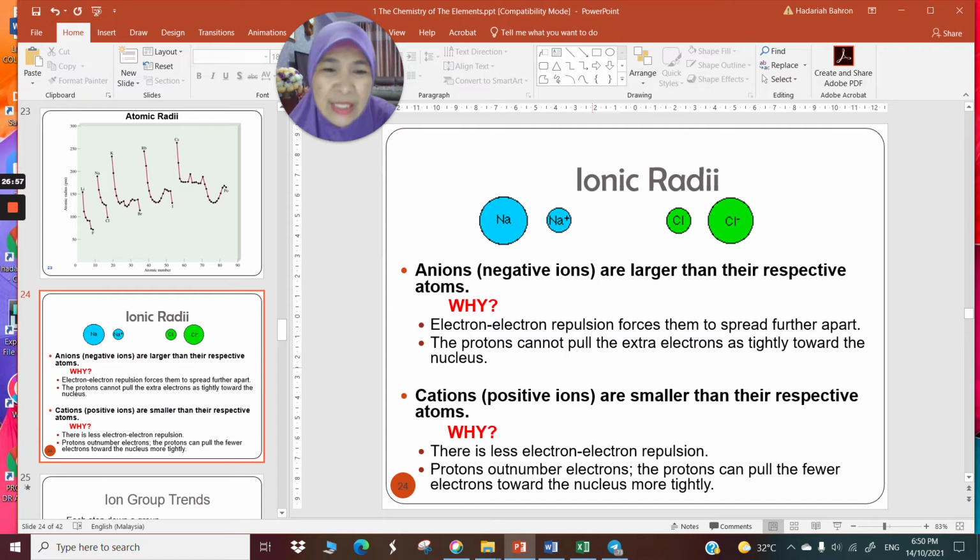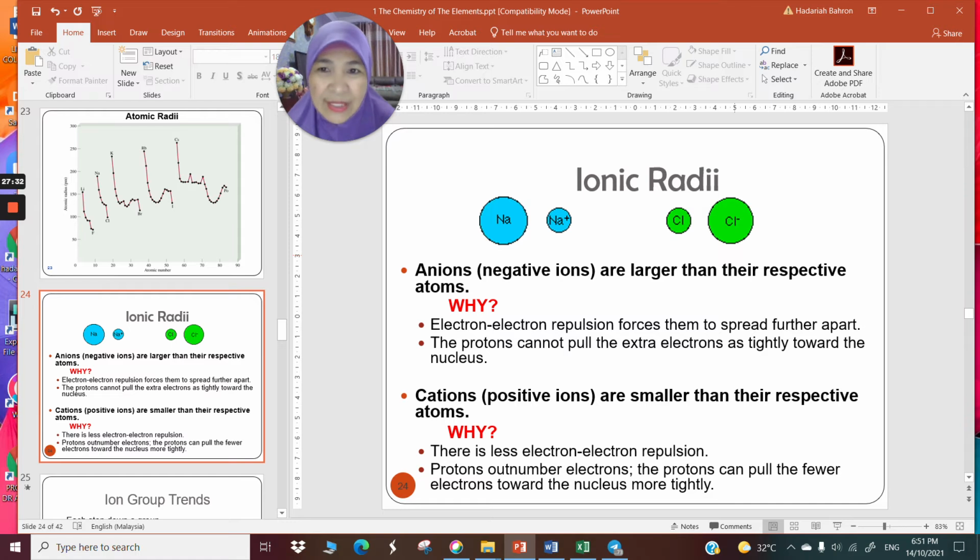The protons cannot pull the extra electron as tightly towards the nucleus. The number of protons in chloride and chlorine is still the same, but there is 1 extra electron in chloride that makes it a lot more difficult to pull the electrons in towards the nucleus, making anions always bigger than the parent atom.